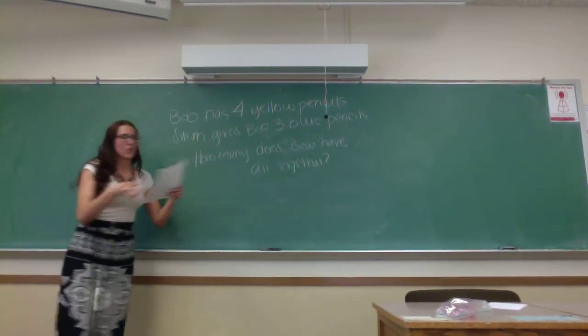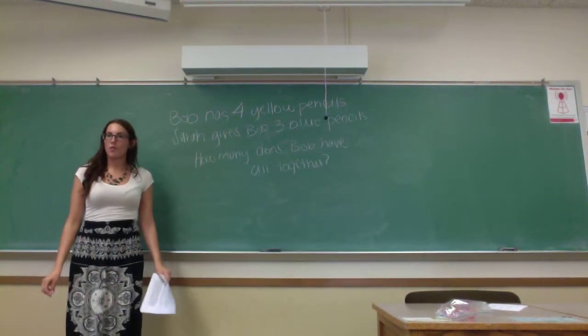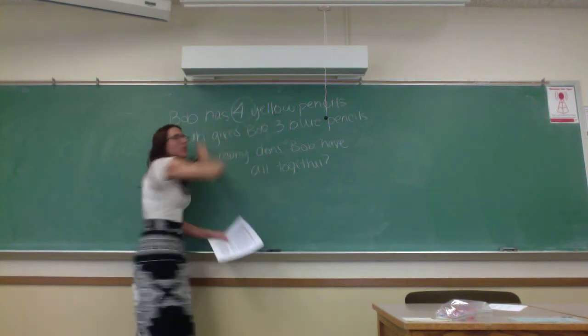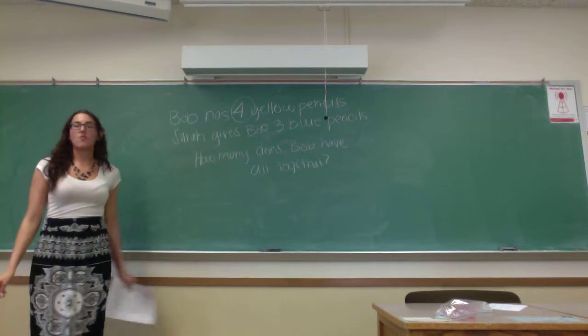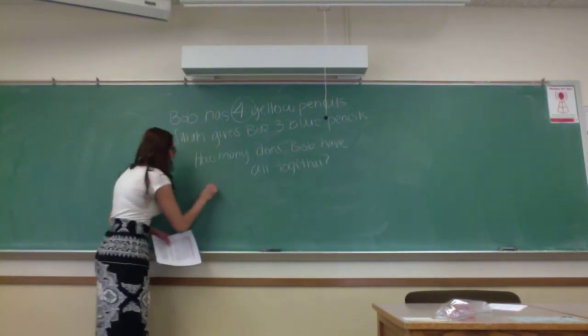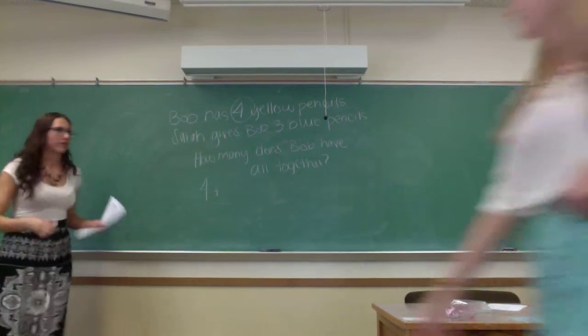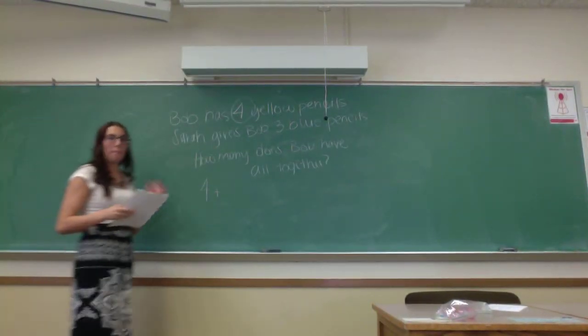Okay, so first, who wants to tell me what our first number is? Yep, 4. That's right. Now would you like to come up and volunteer and put 4 yellow manipulatives on the board?